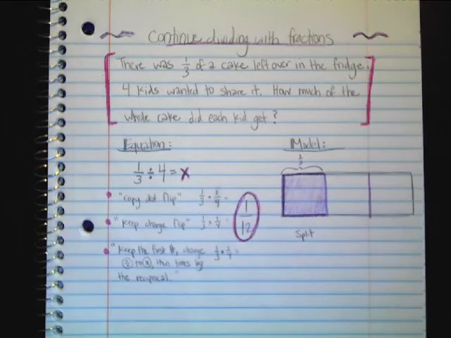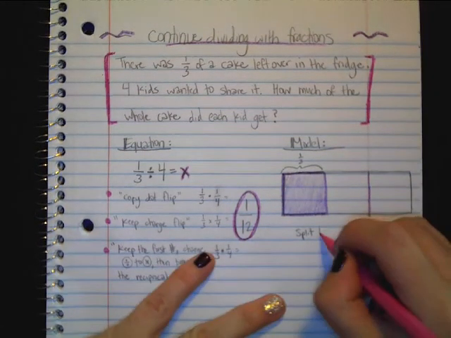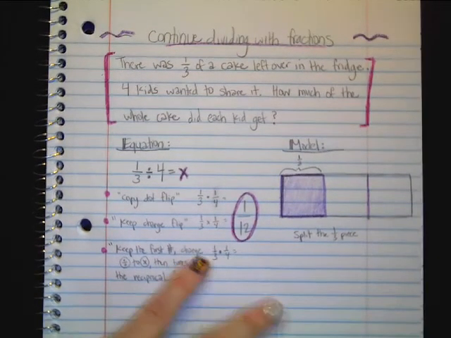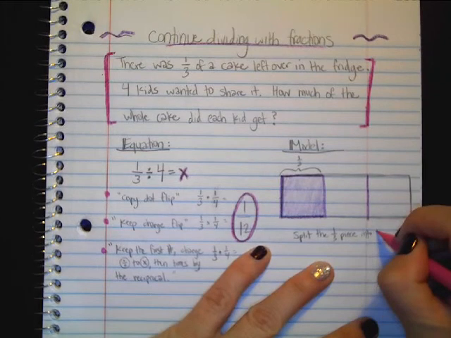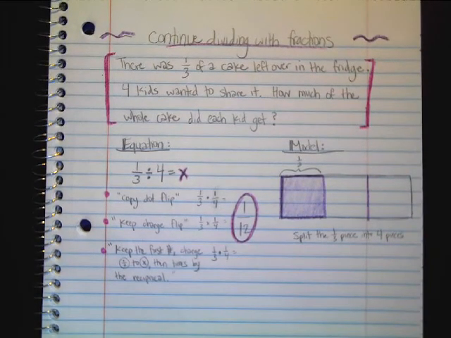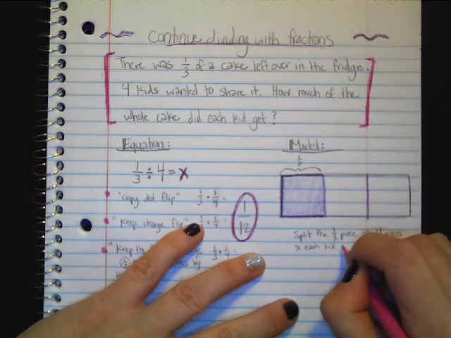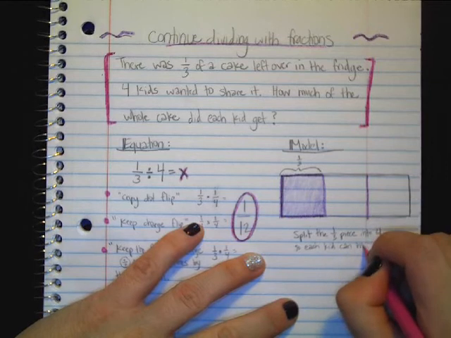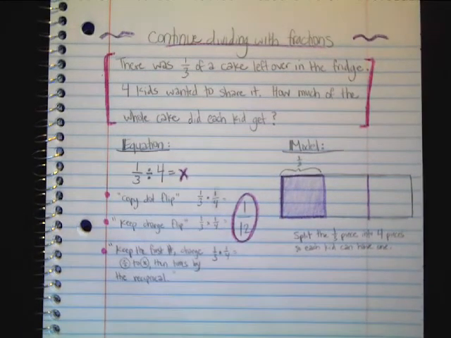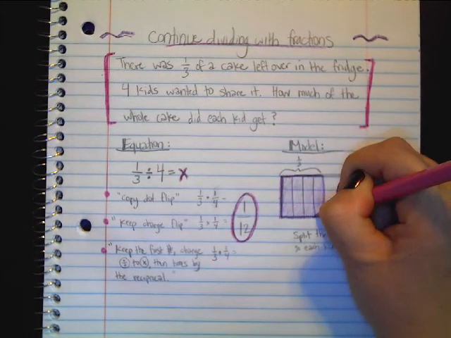So I take the 1/3 and I split it with 4 people. So we're going to write this out in words. I know it's a lot of writing, but it will help you later if you get confused at home or during your assignment. So split the 1/3 piece into 4 pieces, so each kid can have one. That's called fair share. So let's do that right now.